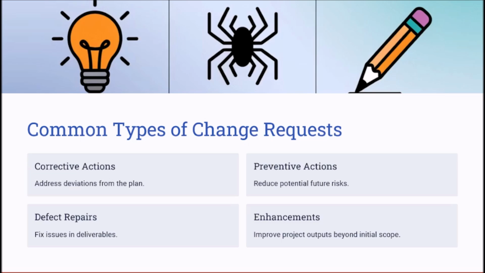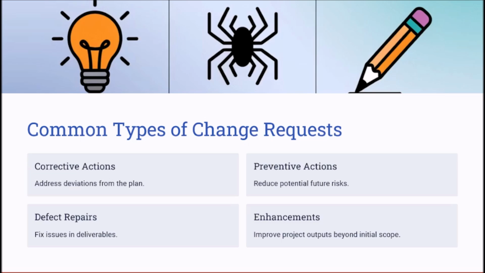Defect repair is used to fix issues in any of the deliverables that were delivered during the project execution. Enhancement is to improve the project output beyond the initial scope. So these are the common types of change requests.